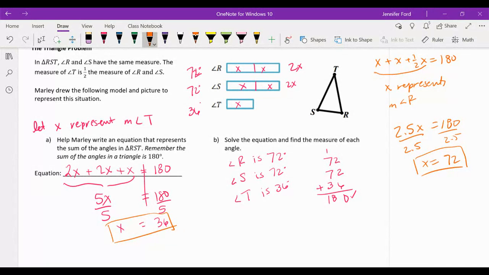In my pink equation, X is 36. But it's the same answers because X represents angle R. So angle R is still 72. Angle S is still 72. Angle T is half of 72, which is 36. Anyway, my answers are the same. Either way makes sense. I'm just curious, did you prefer the pink way or the orange way, or did you do something totally different? Let me know.